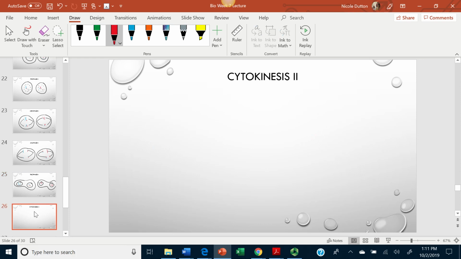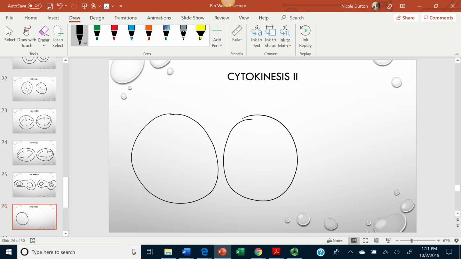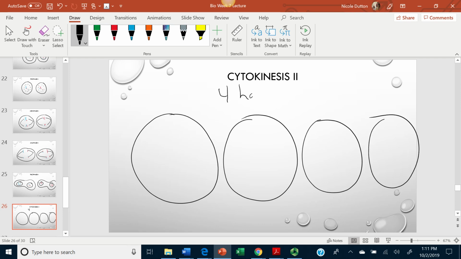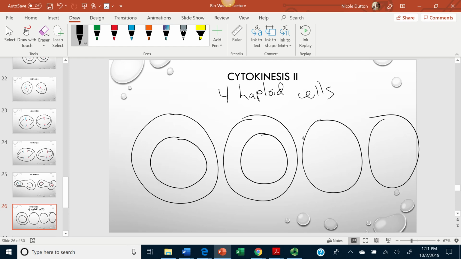And in cytokinesis 2, you're going to end with 4 haploid cells. And due to the fact that these went through crossing over, you're going to see some differences in the haploid cells.